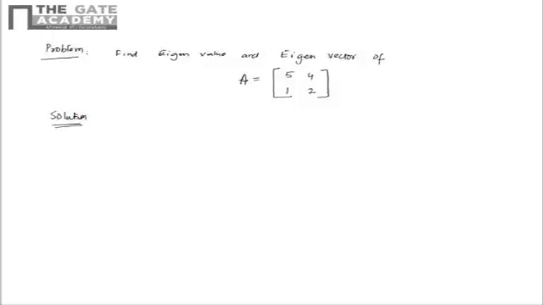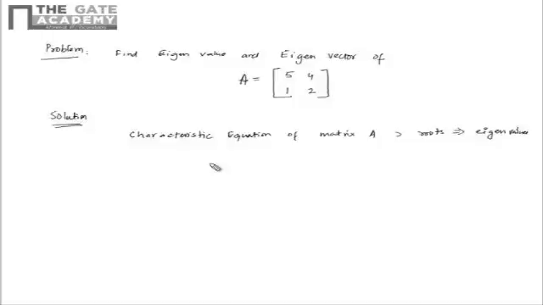This is quite a simple problem, but whatever we have defined, let's understand it. So first thing is, in order to find the eigenvalues, the main equation is the characteristic equation which we have seen. It comes from Ax is equal to lambda x. So the roots of the characteristic equation of matrix A will give you the eigenvalues.